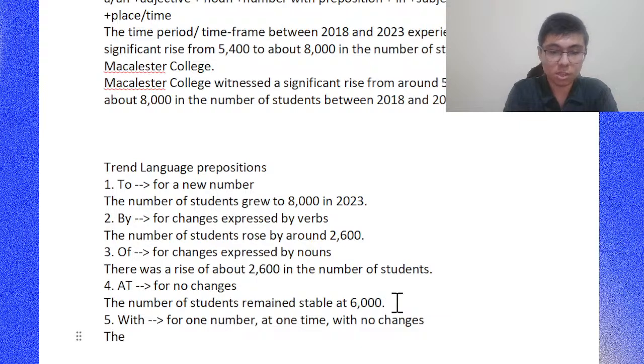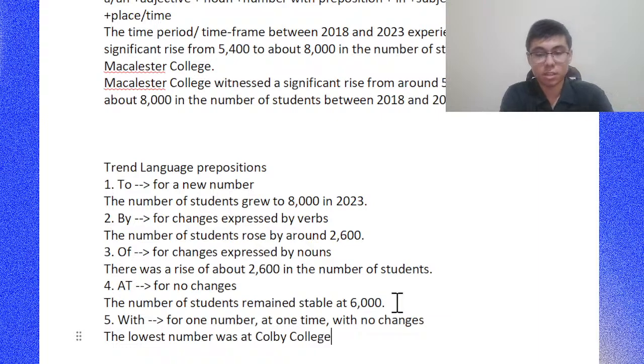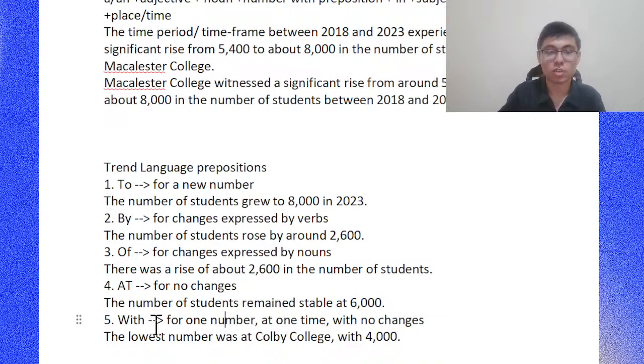For example, the lowest number was at Colby College with 4,000. So as you can see, we are using with to describe one number at one time with no changes.